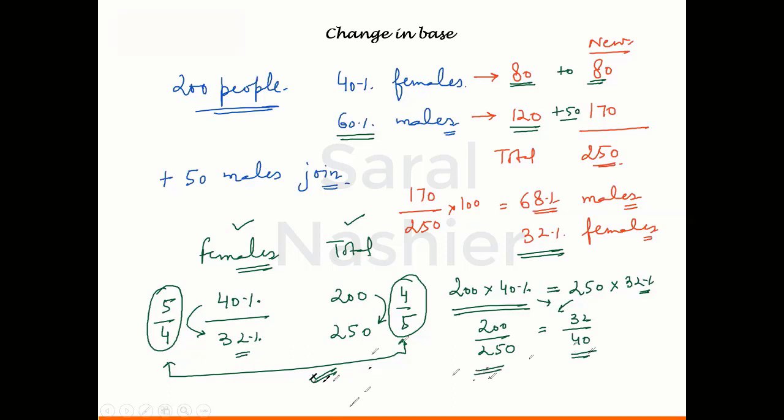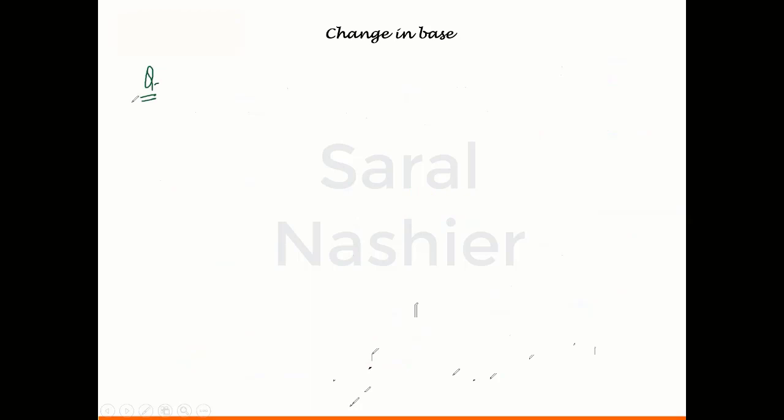Now let us try to use this concept in a question, and I'll give you a question which actually appeared in CAT. I'll write the question for you here. The question was that fresh grapes contain 80% water by weight. I don't remember the exact figures, it was something like this.